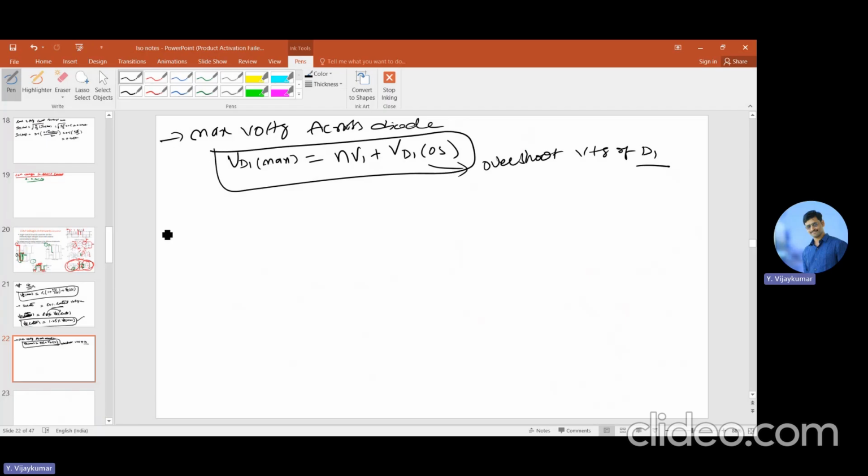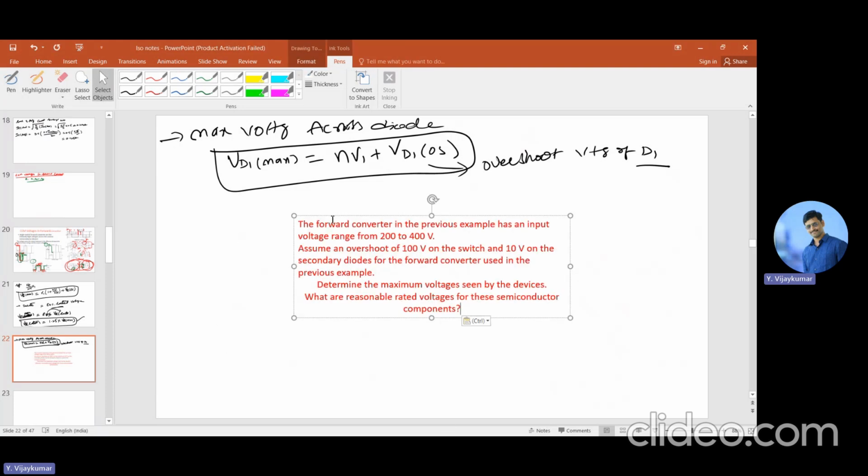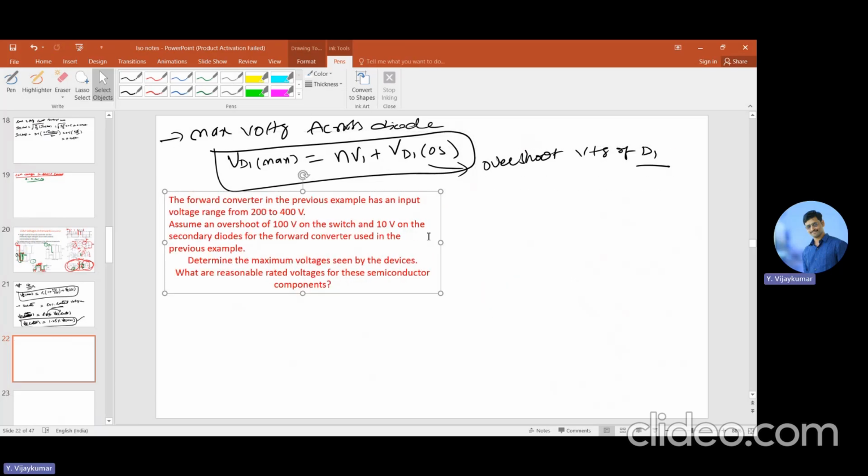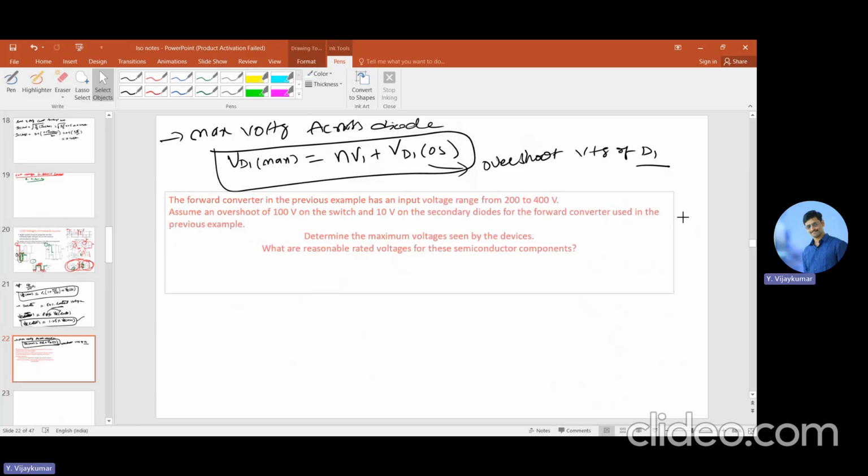Now we will discuss a small problem on this. A forward converter: we will take the problem example that we discussed previously and add some parameters. Previously we found the currents, now we will add the voltage.